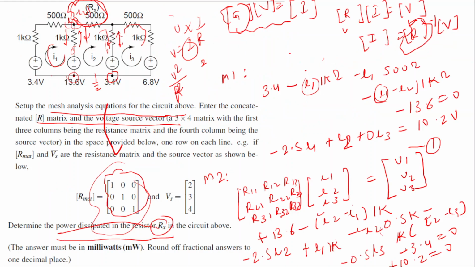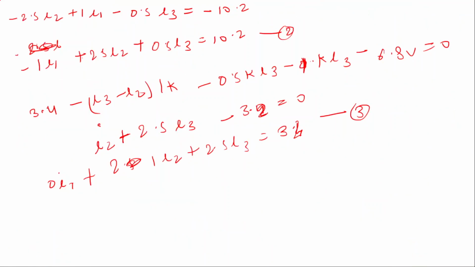So let's write this first equation also. It was minus 2.5 times I1 plus I2 plus 0 times I3. Abhi has a question. Yes, tell me. I think it will be 3.4, but I was saying there you had put a minus sign, then you take plus.